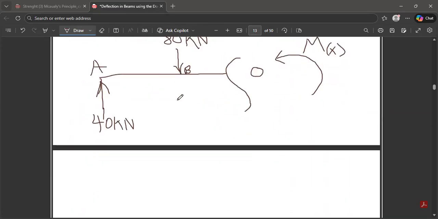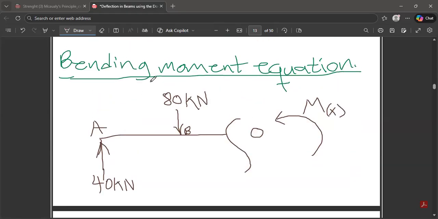You realize that we are going to have two lines. We are going to calibrate our beam after taking the cut at two segments. So the first one is just going to be x, and the second one is going to be x minus 4. So this is x.